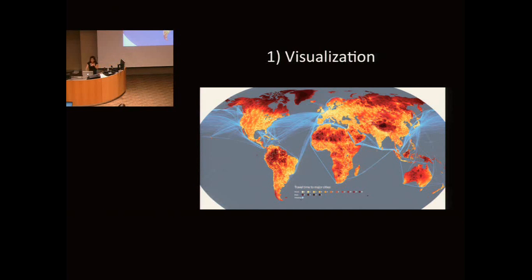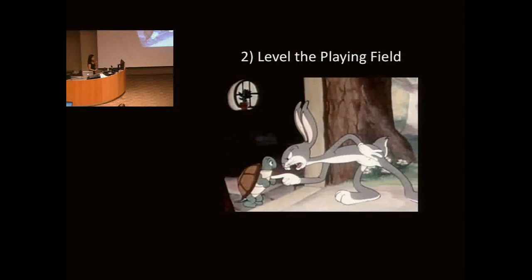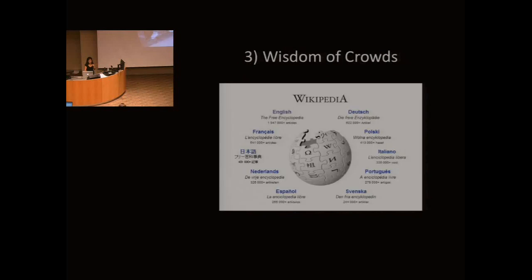The second one is that we want to be able to level the playing field. And this goes back to the ideals of deliberative democracy, which is that everyone should have an equal chance to have their opinions heard. We don't want to just throw ideas out because they don't fit with the majority. And so this is something that we're seeking to do with our site.